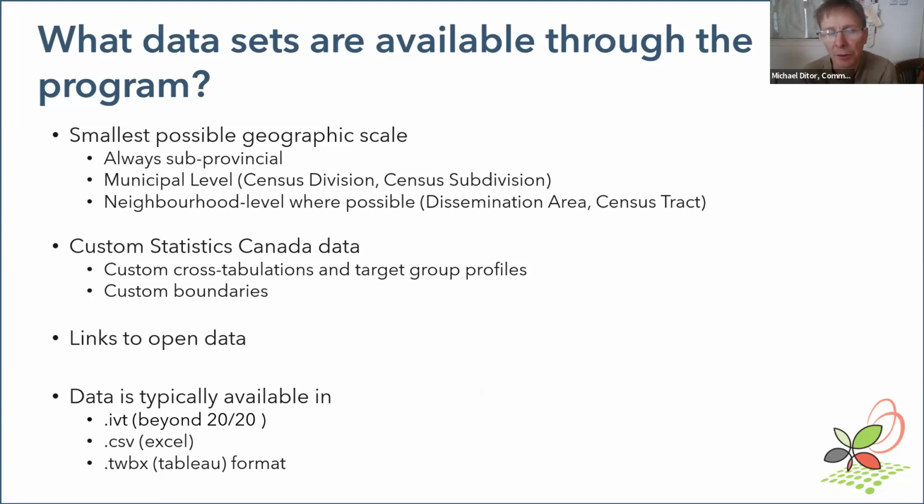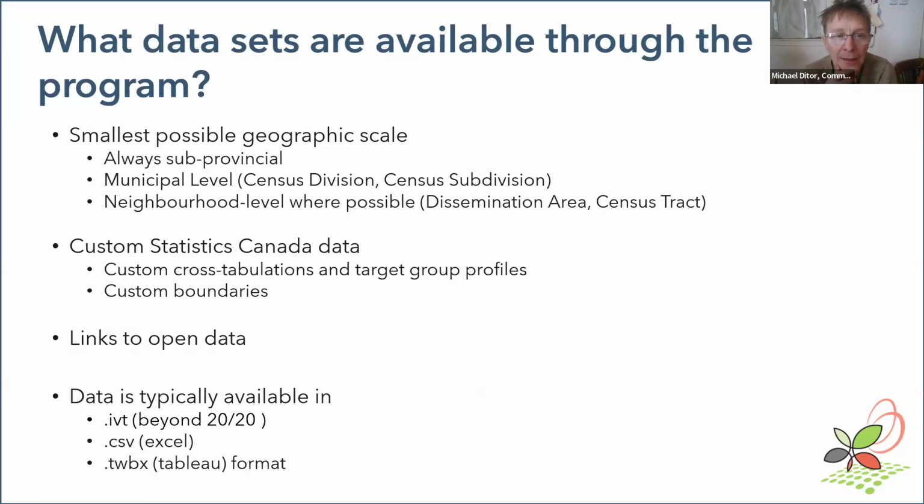But for other surveys, we may only be able to get at the census division or census subdivision. We try to get for some surveys that only are available down to the CMA level, see if they have data that we could get a custom order for at the census subdivision level. But that's our main focus.